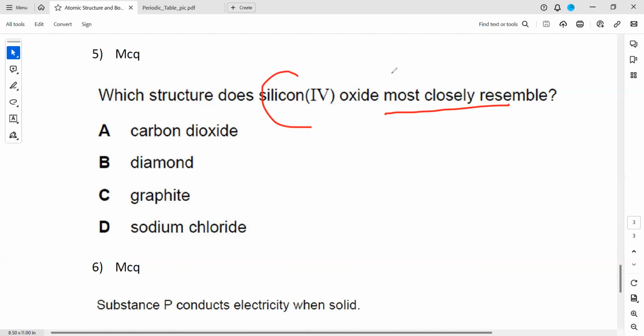Silicon(IV) oxide is a macromolecular structure and its structure resembles diamond. Carbon dioxide is simple molecular, graphite is a giant structure but with hexagonal layers, and sodium chloride is also a giant structure, but an ionic lattice. So the structure of diamond resembles silicon(IV) oxide.